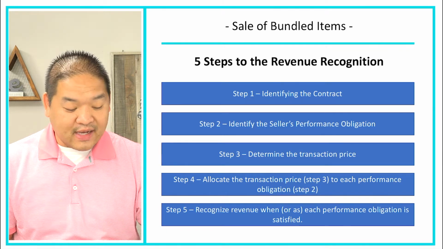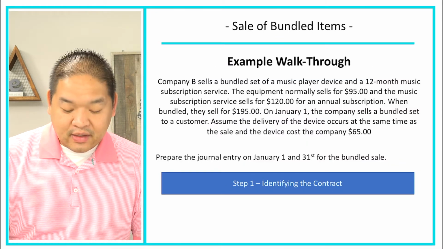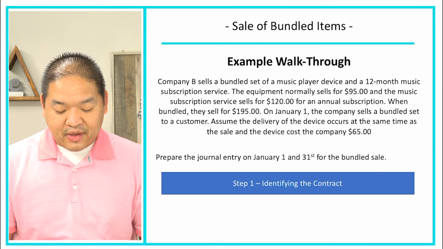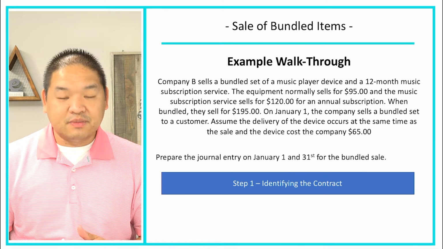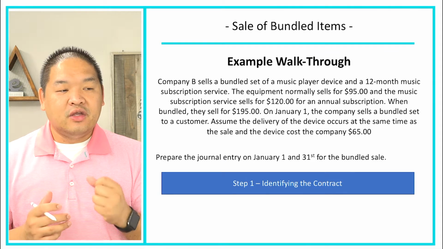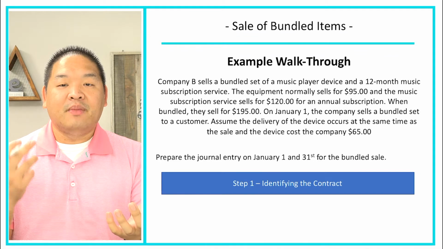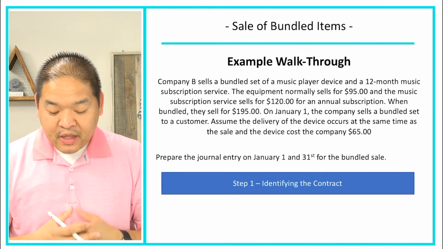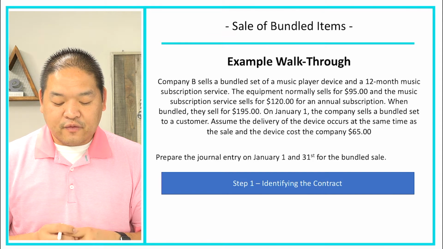Let's take a look at an example, and we'll walk you through these 5 steps for a bundled item sale. Company B sells a bundled set of a music player device and a 12-month music subscription service. So you're getting a service, but you're also getting a product. The equipment normally sells for $95, and the music subscription sells for $120.